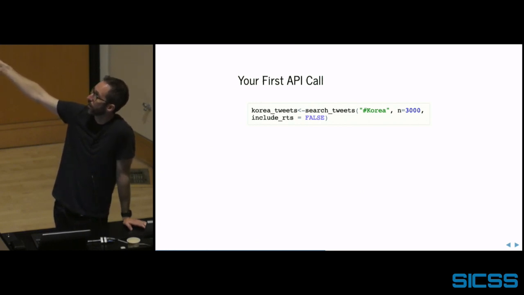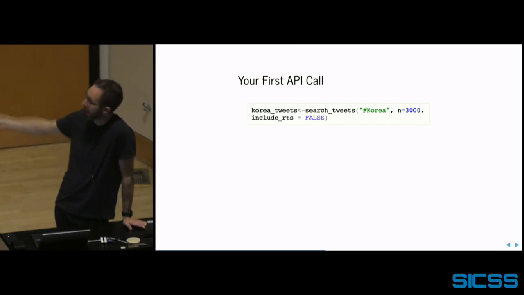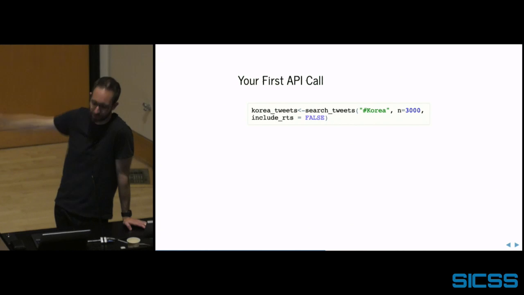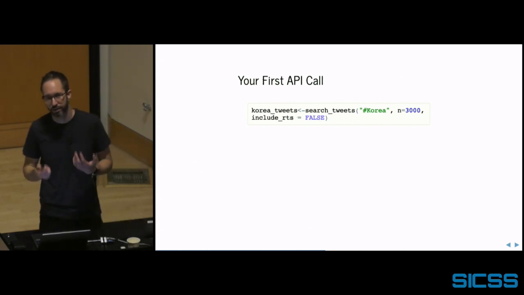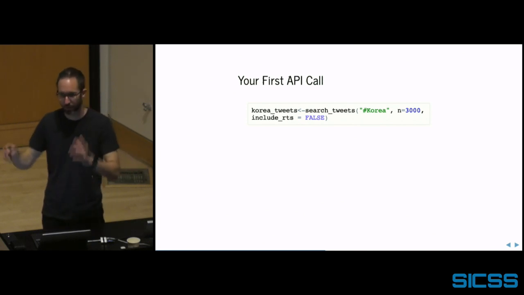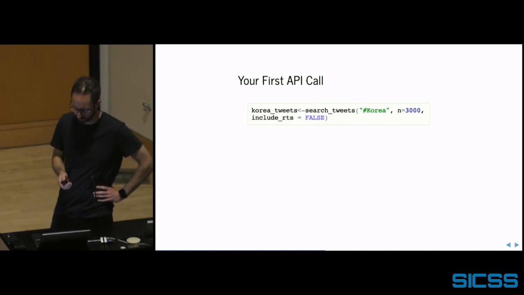We're going to use the search_tweets function to search for mentions of the hashtag Korea, and we are searching for 3,000 tweets. And we've decided not to include retweets in this call. By default, we would get people who are repeating that. This simply shuts that off so that we get unique tweets about the Korea hashtag on the day in which I made these slides.